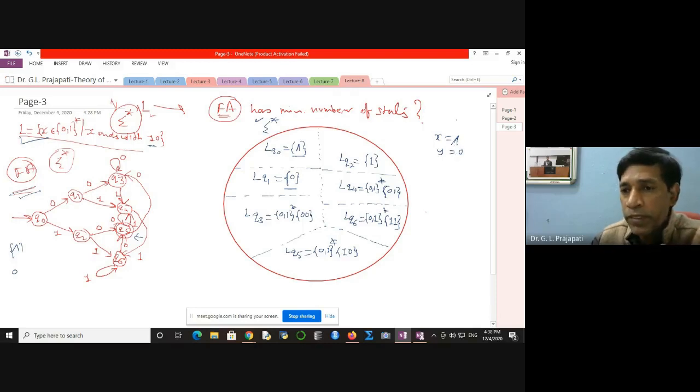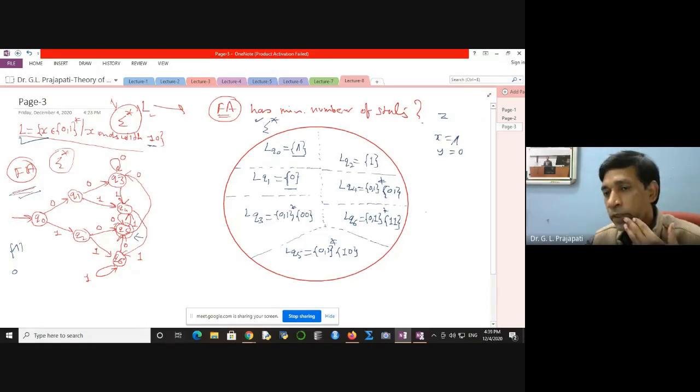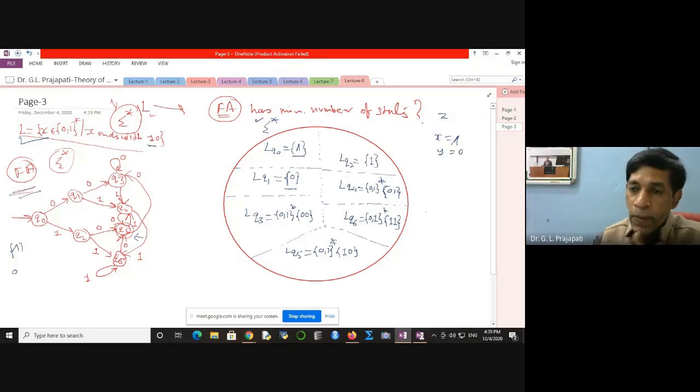So can you find any z which is taken from the sigma star so that you can distinguish x and y, means so that you can say that xz is in the language and yz is not in the language, or yz is in the language and xz is not in the language. So you can take any strings.